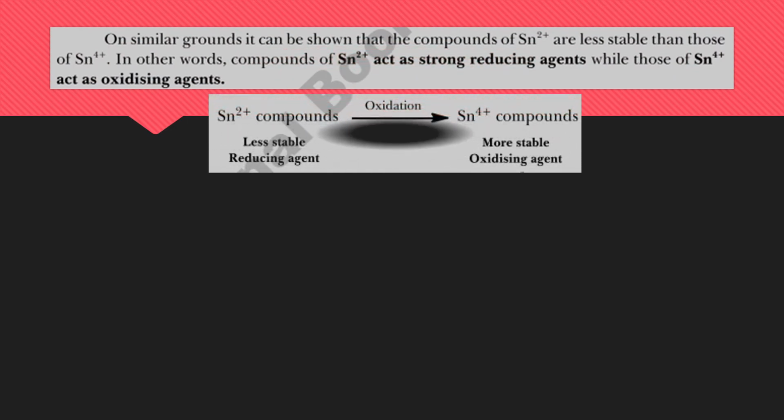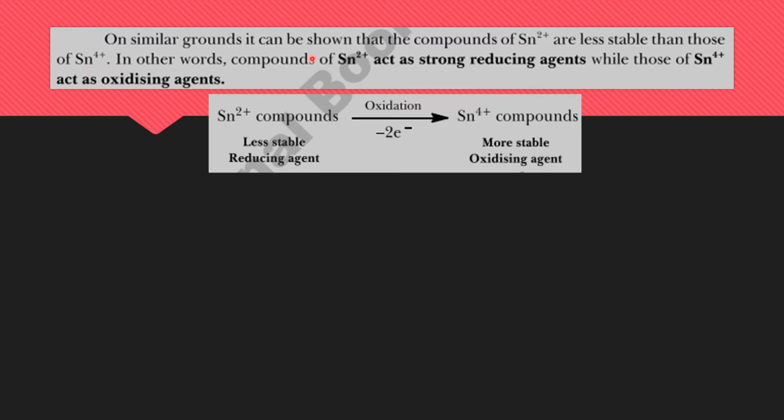In the same way, tin shows its behavior the same as germanium. In the case of tin, +2 oxidation state compounds are less stable as compared to compounds containing tin in the +4 oxidation state.